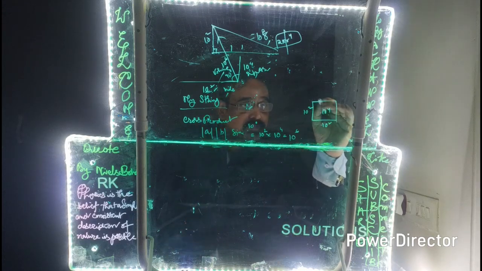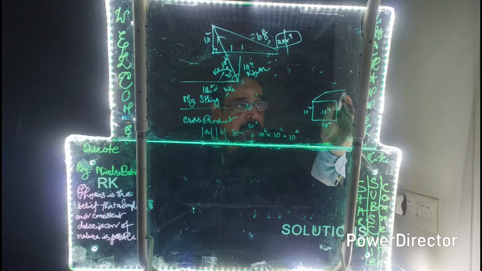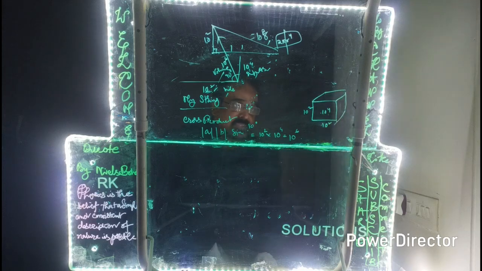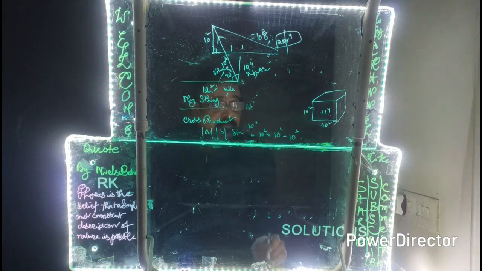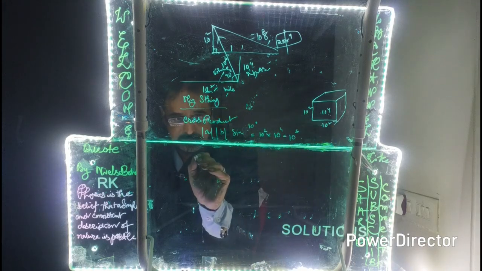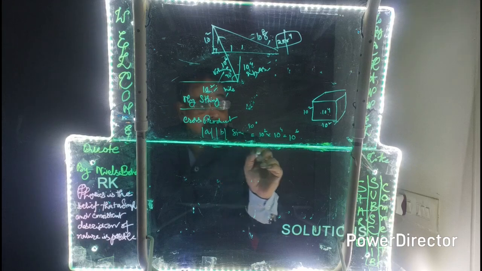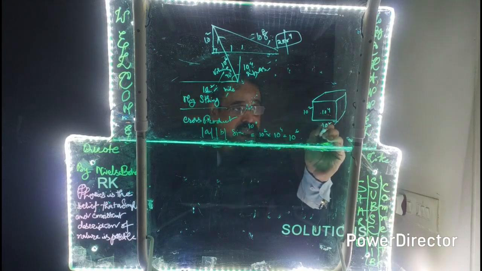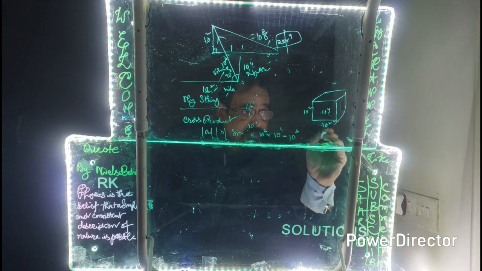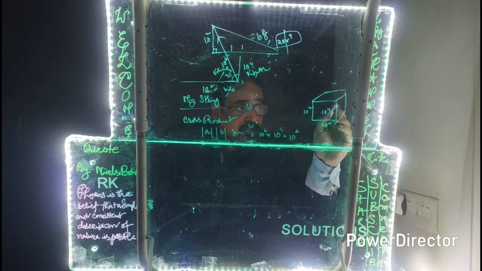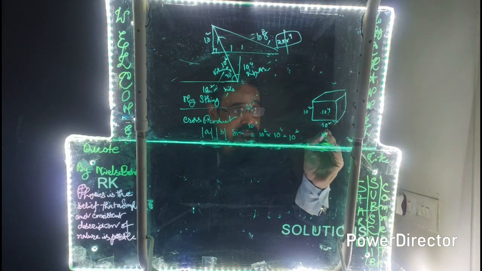If you take the cube of it, 10 squared, 10 squared, 10 squared is 10 raised to 4, and 10 squared cubed is 10 raised to 6.